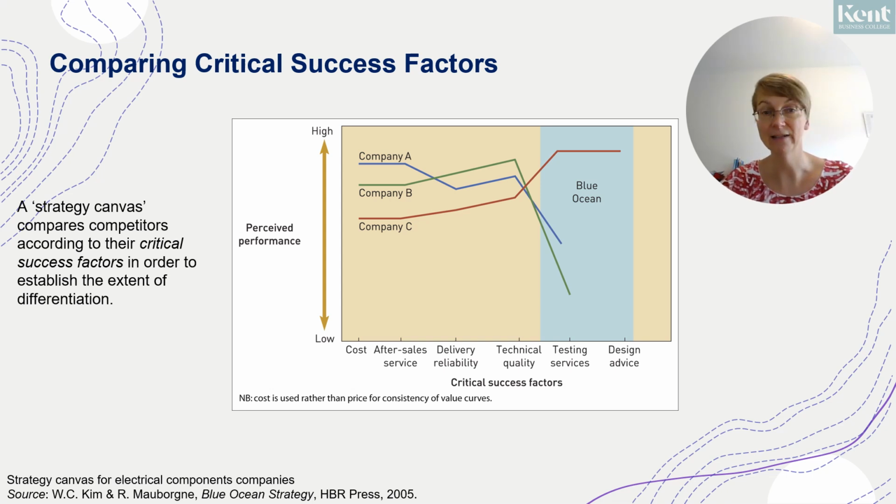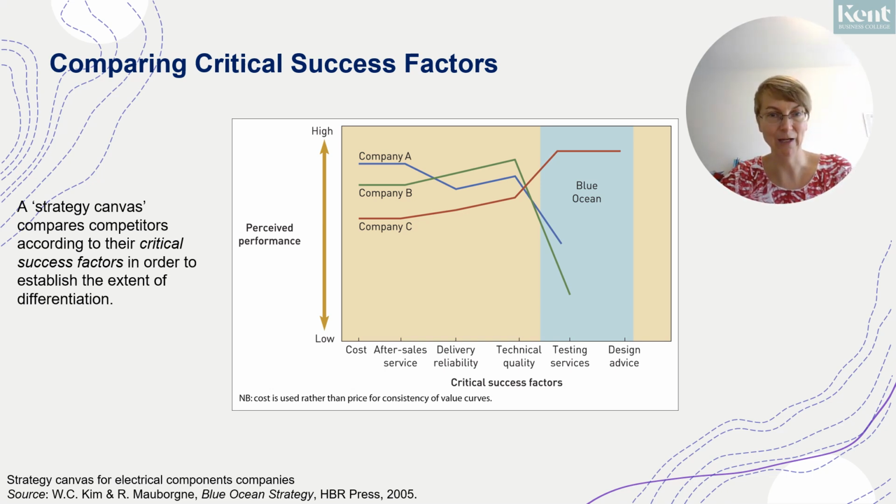And here I can assess the performance based on my analysis of their annual reports, websites, and secondary sources, as I said before. And I see that, for example, companies A and B are not very good in terms of testing services. That is something they don't seem to offer to customers, whereas company C provides that service here, in terms of design advice and testing services. That means for company C, that's their competitive advantage, so to speak.